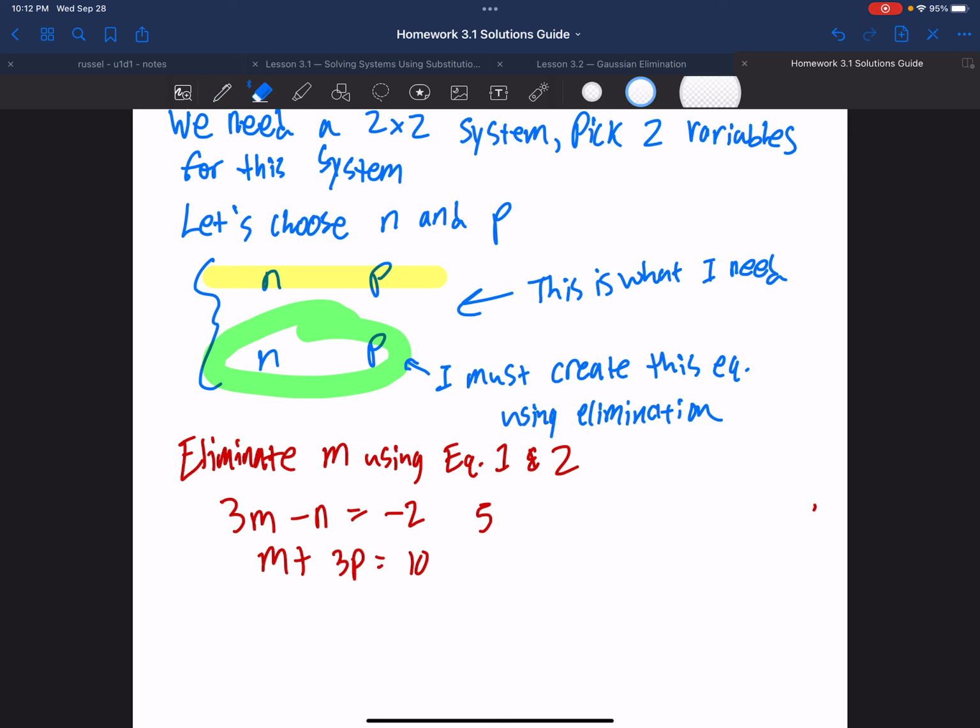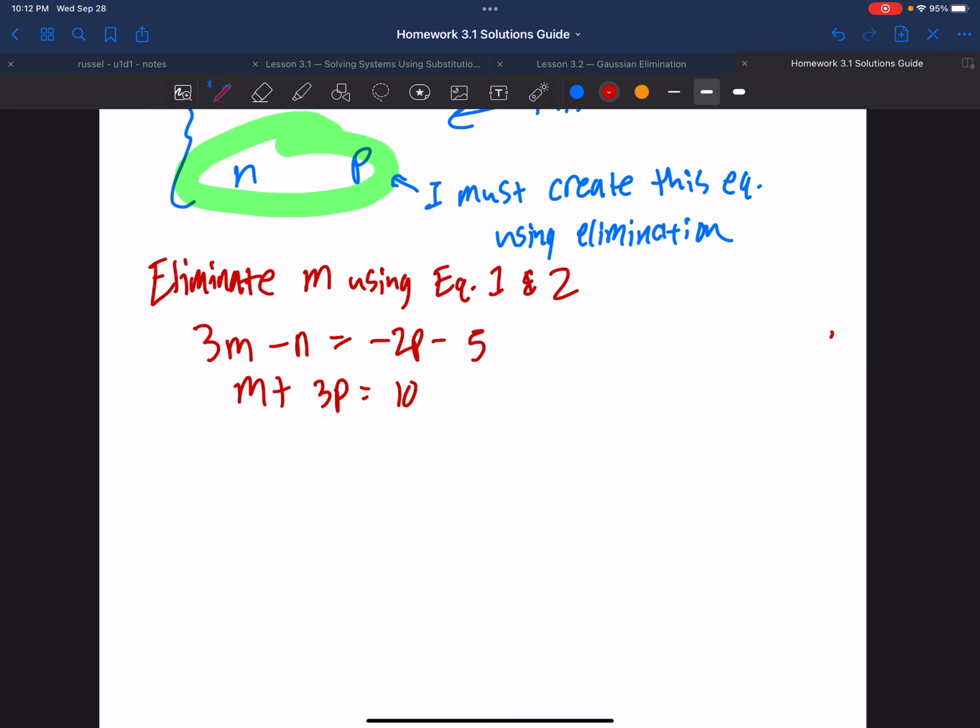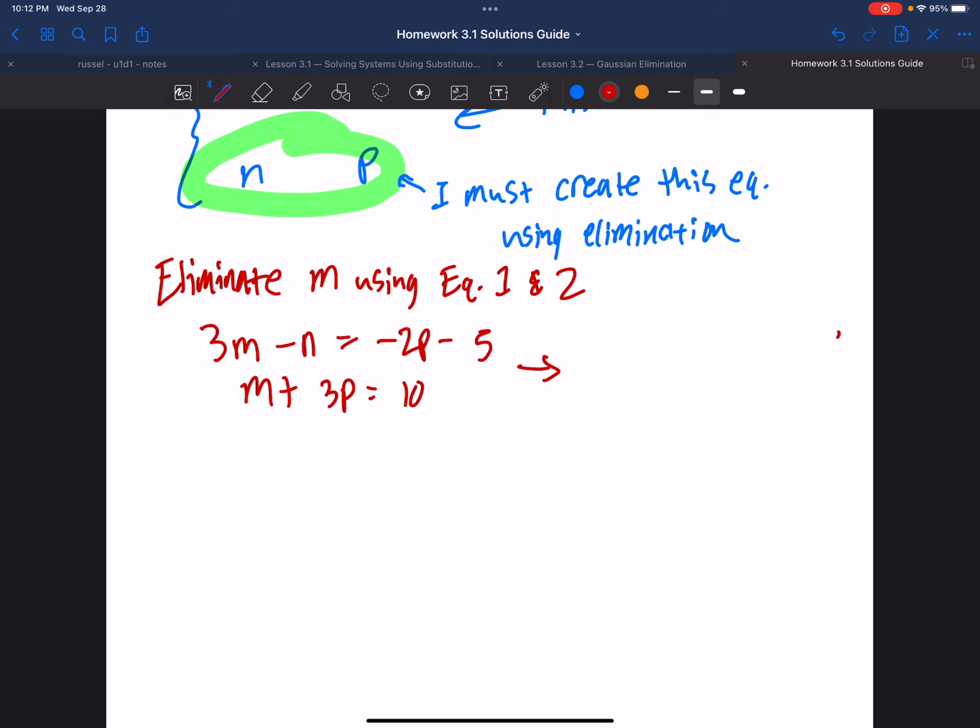This takes longer to explain than it really takes to do. Let's rearrange that. So it's 3m minus n plus 2p equals negative 5. And then it's m plus 3p equals 10.